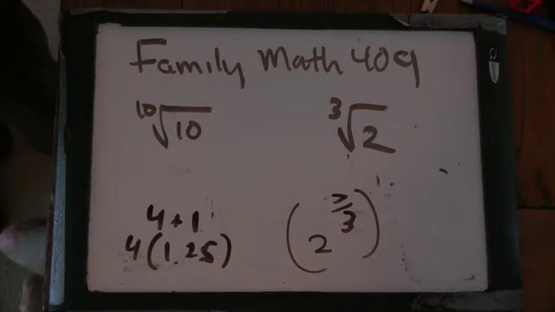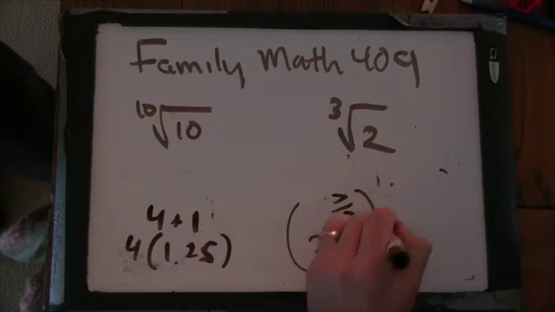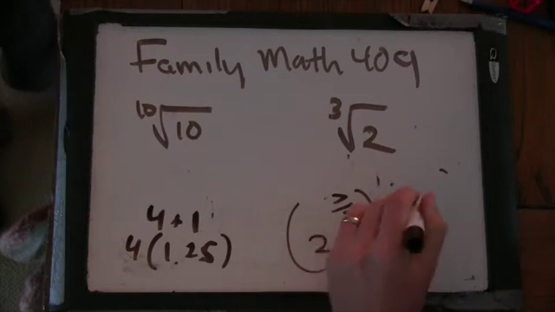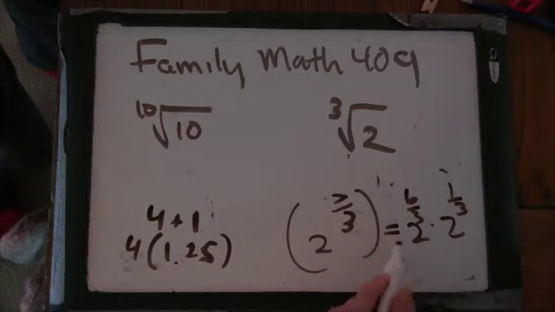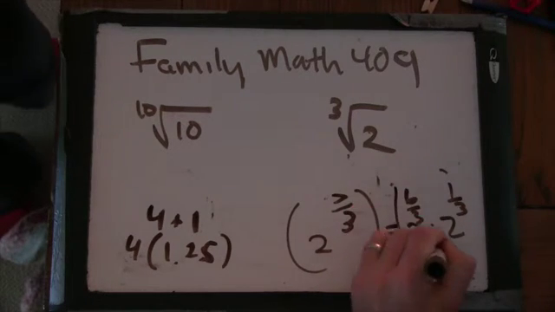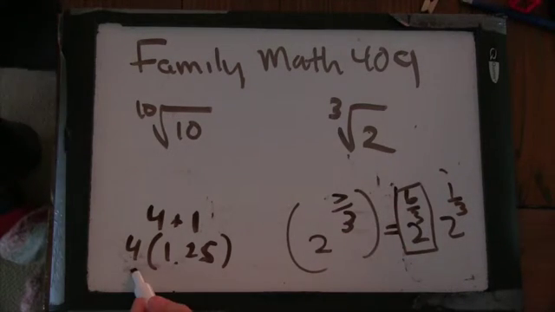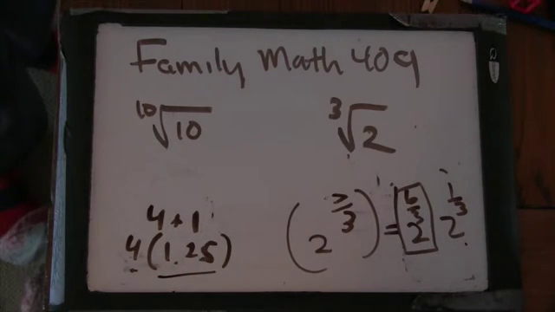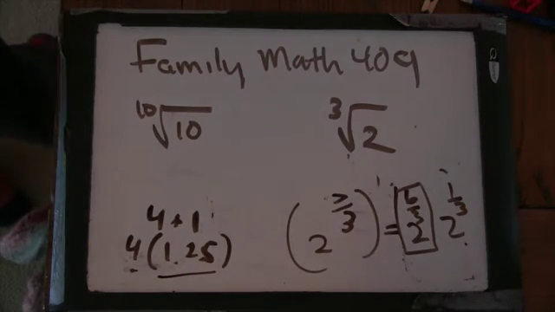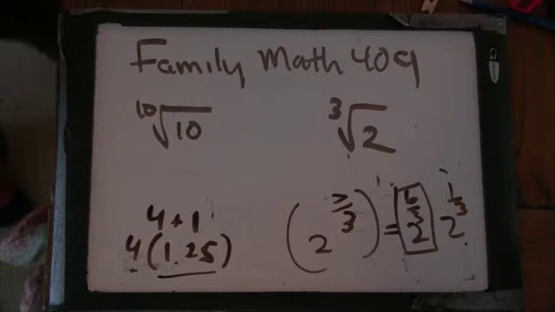Well, this is not such a bad idea. This is 2 to the 6/3 times 2 to the 1/3. So 2 to the 6/3 is 2 to the 2, which is 4. And now we're comparing 2 to the 1/3 and 1.25.